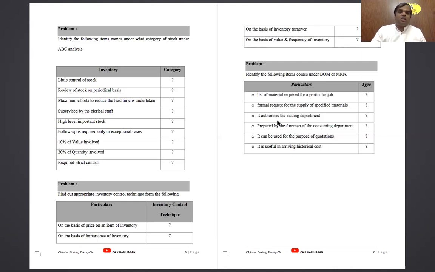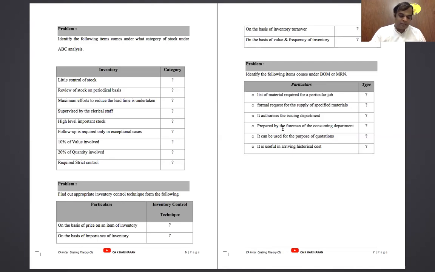Little control of stock. Which category? You can also try. Yes, C category. Review of stock on a periodical basis: B category. Maximum effort to reduce the lead time: A category. Supervised by clerical staff: C category.